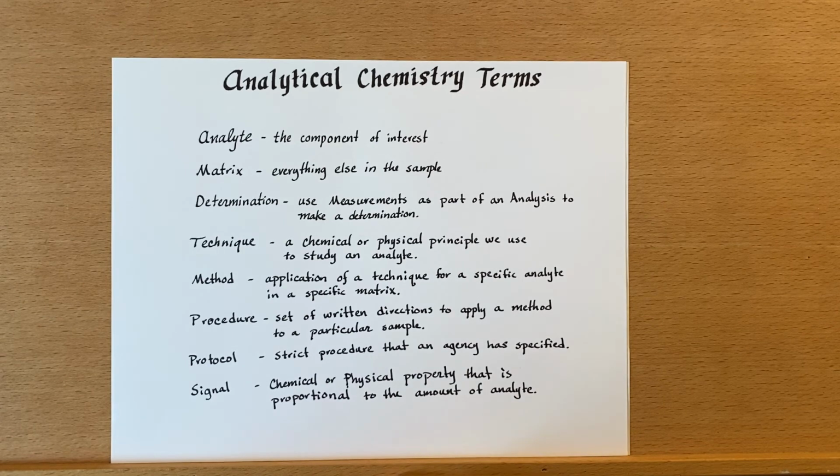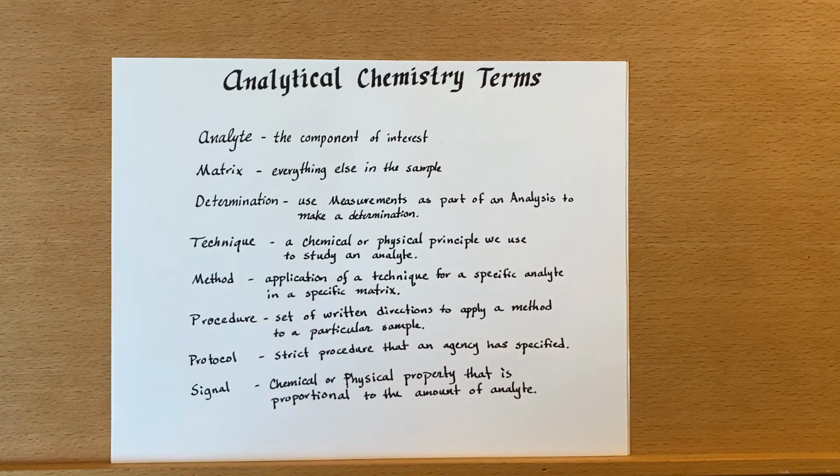Sometimes it's a voltage, sometimes it's a current. Anything that we're measuring that is proportional to the amount of analyte. It could even just be the readout on a balance, which ultimately is related to either a voltage or a current if you're talking about an electronic balance, but I digress. Signal is what we're actually measuring.